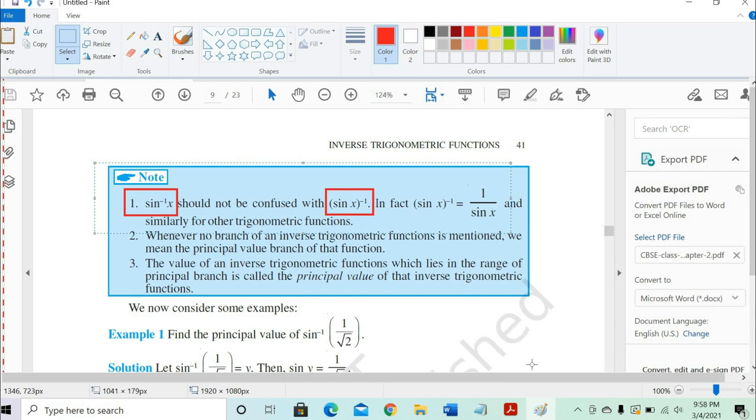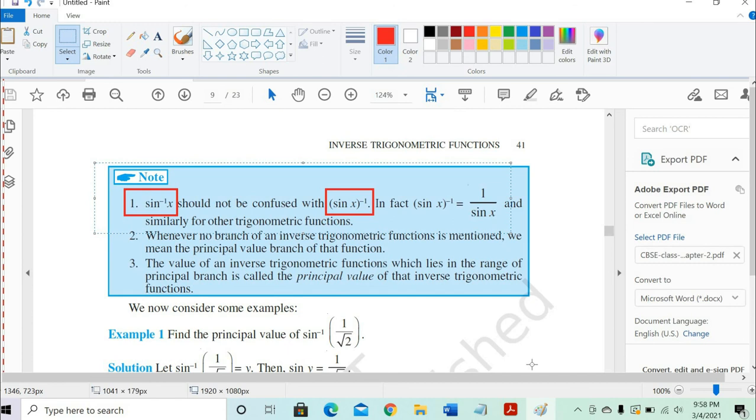Inverse is only on the function. Here sine is a function of x. So sine inverse together is one term, and that becomes the function of x. But in (sine x) whole to the power minus 1, minus 1 is the exponent. So you have to use the rule of exponents, and it will become the reciprocal, 1 by sine x. Understood the difference? Clear?